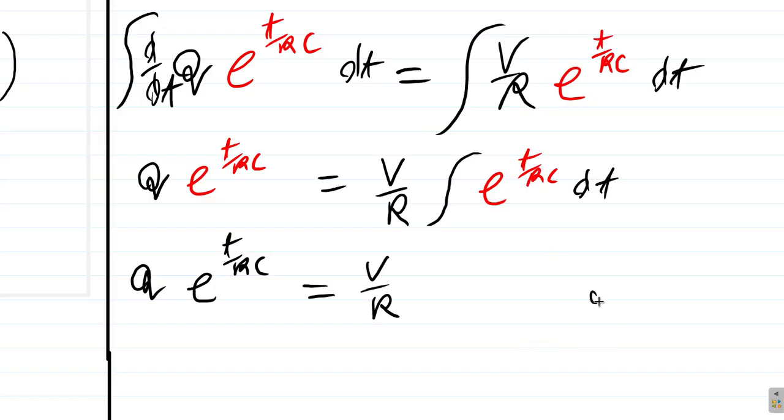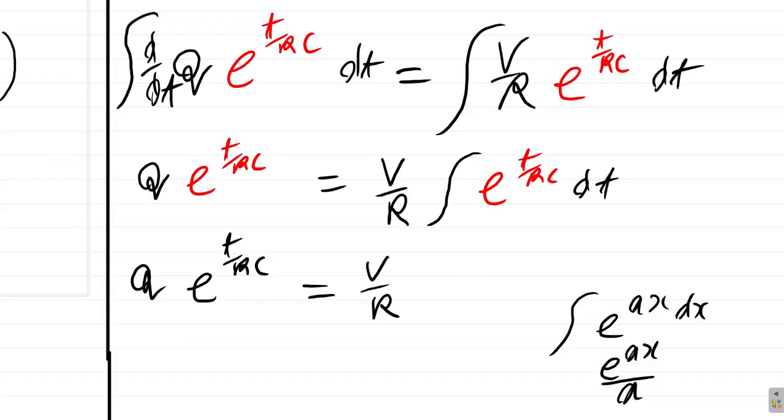It's similar to the integral of e to the ax dx. Integrating by substitution, you're going to get e to the ax divided by a, the constant a. Remember that, alright?